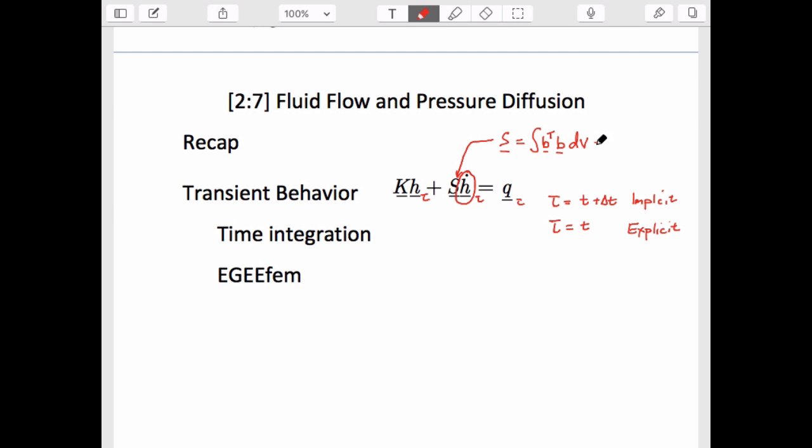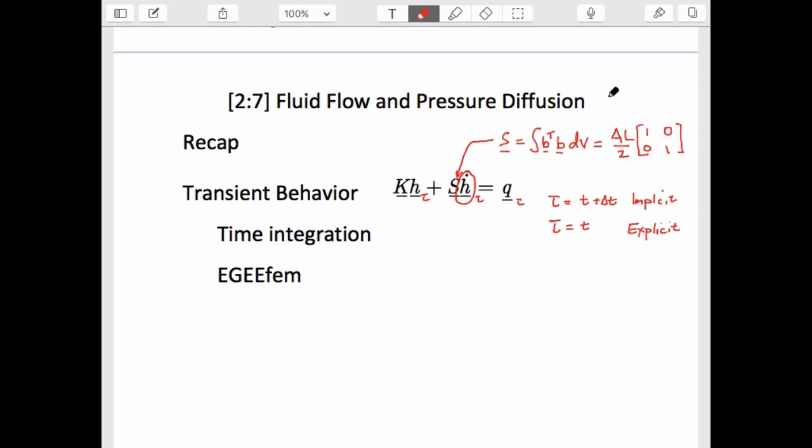In the case of our one-dimensional problem, we found out that the magnitude of this capacitance matrix was equal to the volume of the element, divided up in some way between the individual nodal degrees of freedom.